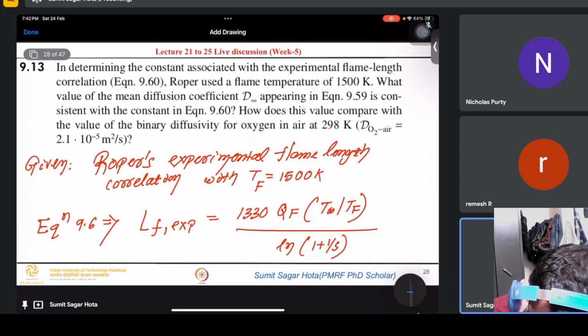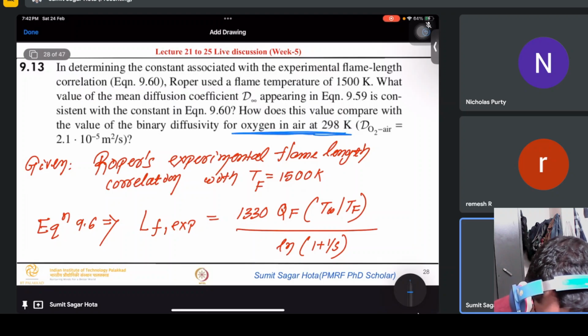In the question, if you see, they asked how the value compares with the value of the binary diffusivity of oxygen in air at 298 Kelvin. Oxygen in air at 298 Kelvin, they have given this value 2.1 into 10 to the power minus, and here also we find these values, and the value comes out to be the same.